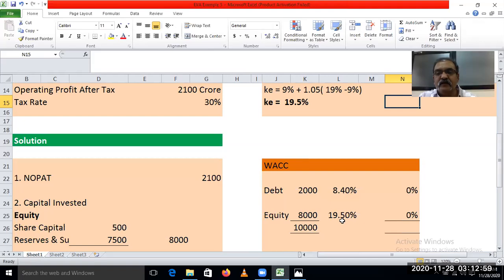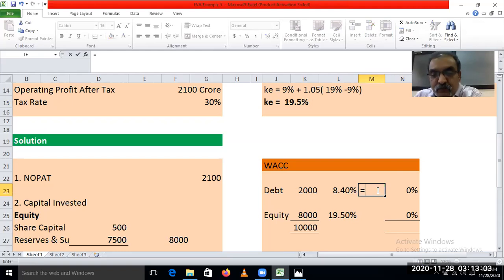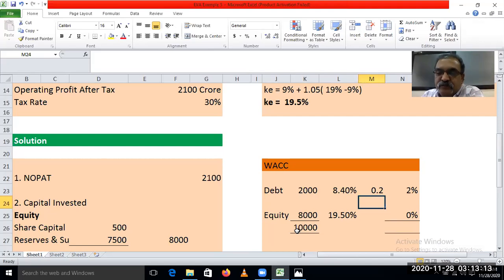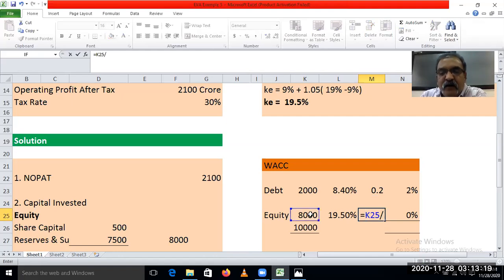Next is the proportion of each capital on total capital, or weight. Debt 2,000 divided by 10,000 comes to 0.2. For equity, 8,000 divided by 10,000 comes to 0.8.